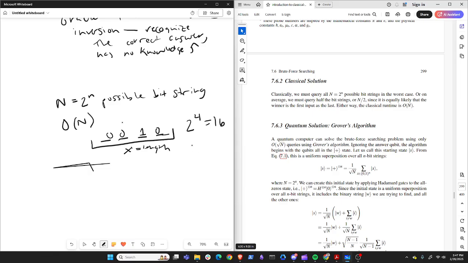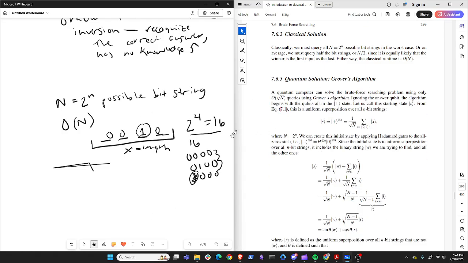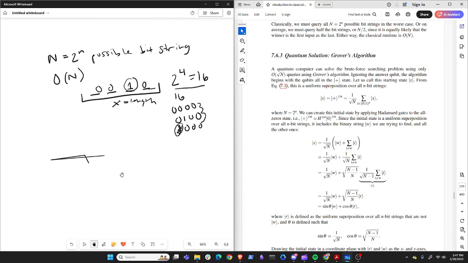Essentially we would have to generate possibly all 16 of the various bit string combinations and test them out before we find the one that matches the element that we need. We'll find this at some point along the way, because it's not the last one. So the quantum solution is Grover's.